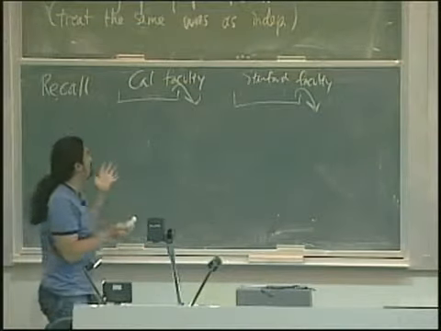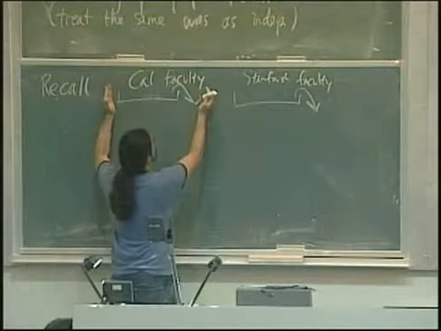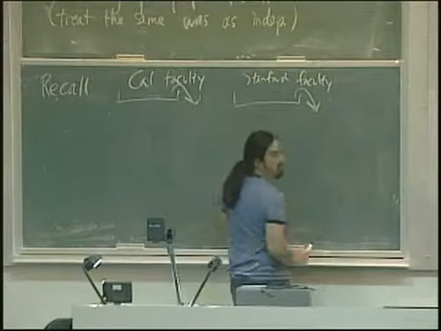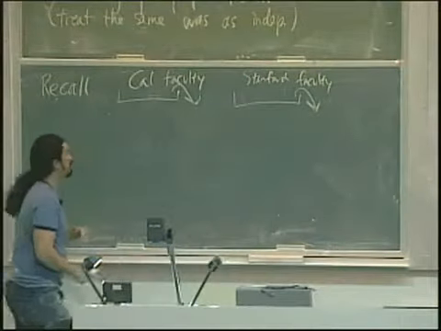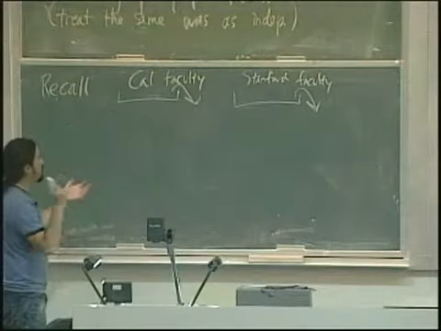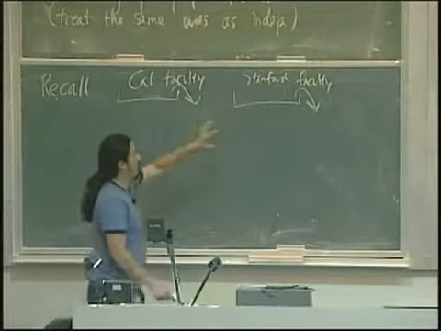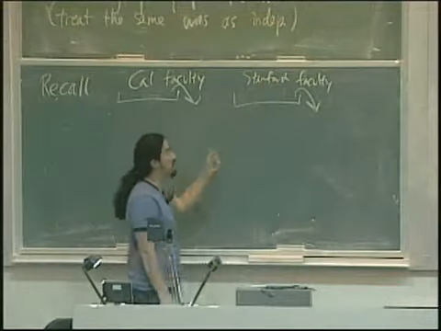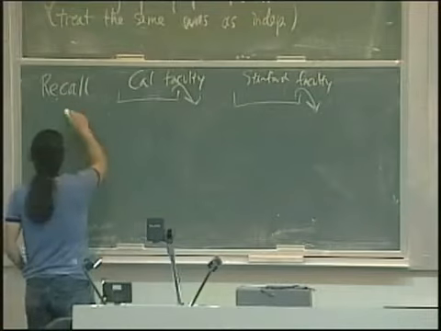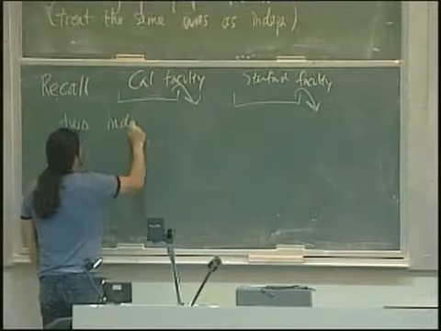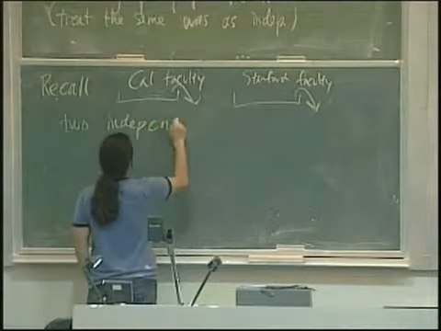They're clearly independent because there's no way that what happens in our Cal sample can affect what happens in the Stanford sample. If we got randomly lucky and had extra Democrats in our Cal sample, there's no reason we should expect the same thing or the opposite from the Stanford sample. So this is two independent simple random samples.